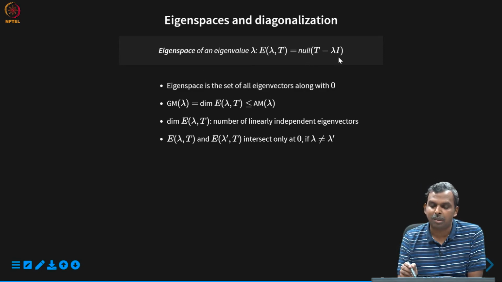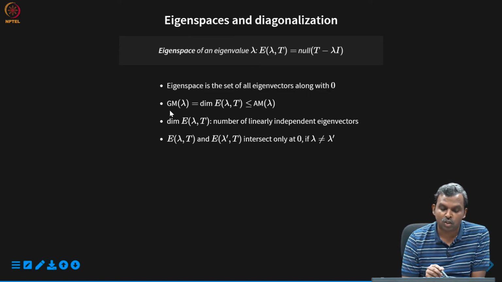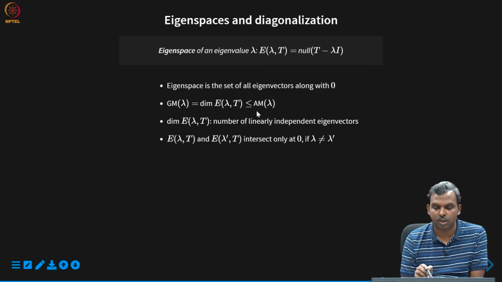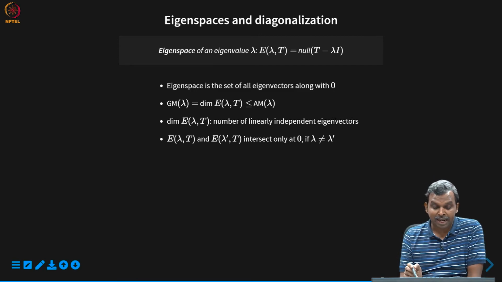We'll call it E of lambda, T. Basically, the eigenspace is the set of all eigenvectors along with the 0 vector also. So the geometric multiplicity is nothing but the dimension of the eigenspace, which is the number of linearly independent eigenvectors. We have shown that it's less than or equal to the algebraic multiplicity.